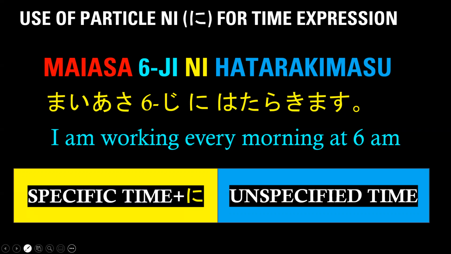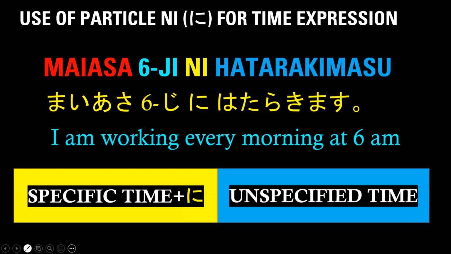Dito, for using particle ni for time expression, to avoid confusion and to mapadali ang buhay natin, we have specific time and unspecific time. So how would I know if it's a specific time or unspecific? Simply lang, if there's a number in the time expression, it means to say it's a specific time.